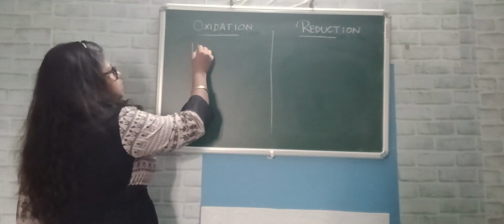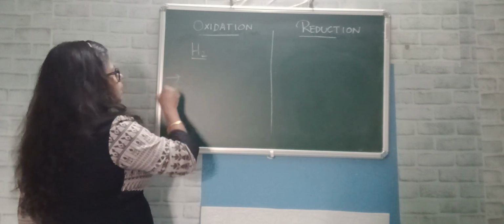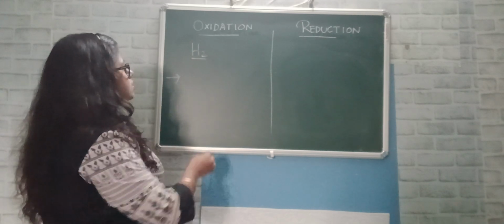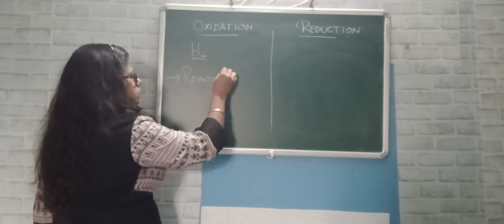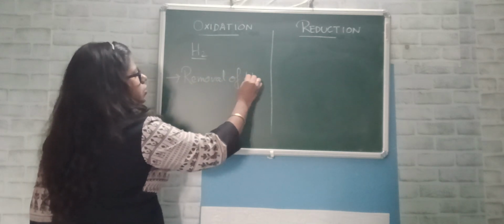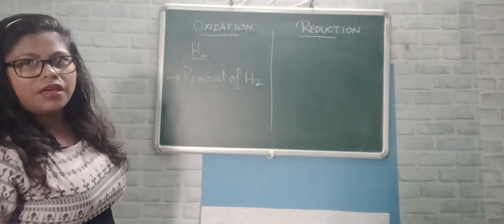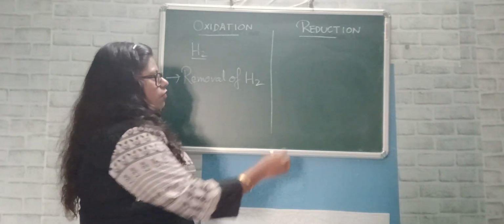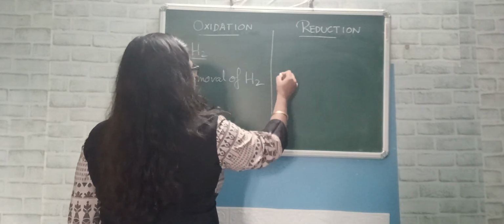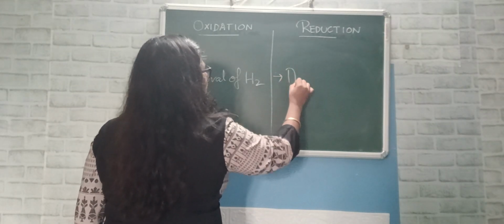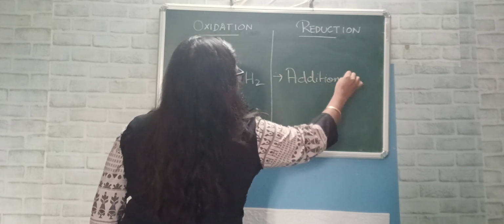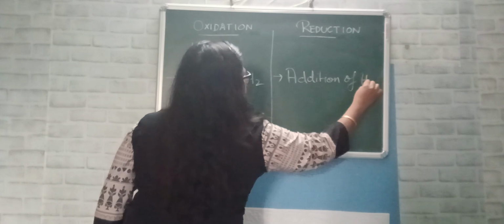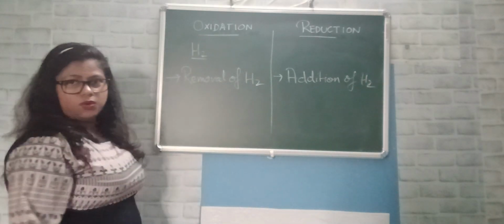Now in respect to hydrogen, oxidation is the removal of hydrogen, and for reduction it is just the opposite, addition of hydrogen. Let's see some examples to understand this.